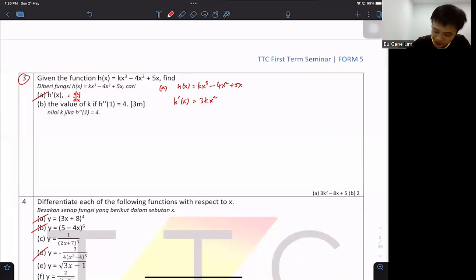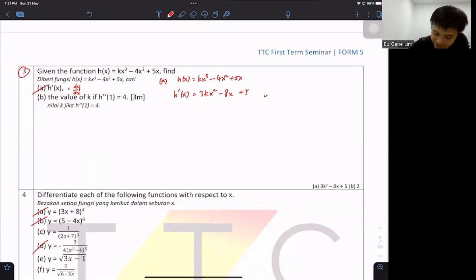So 3kx squared, minus 8x plus 5. Okay, understand? That's the answer, h prime.